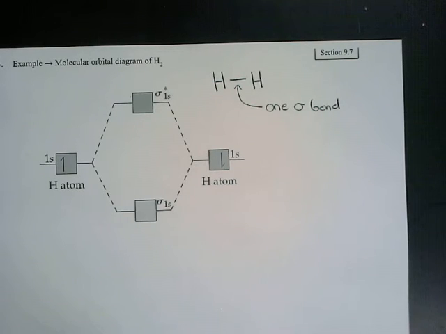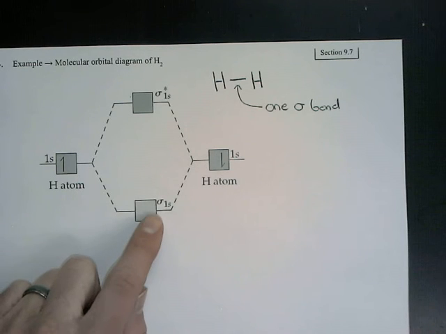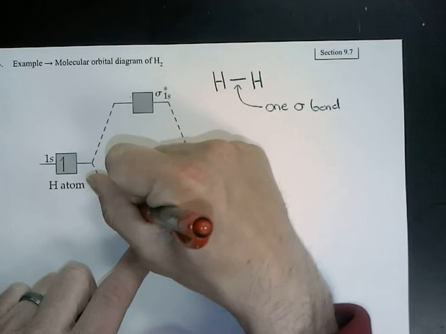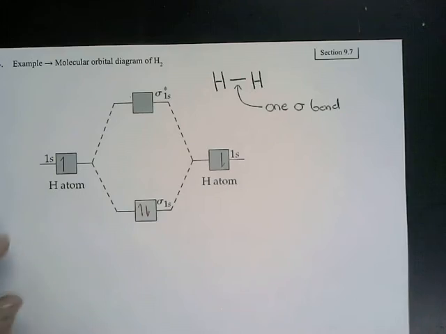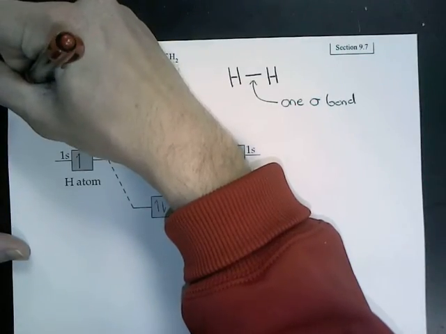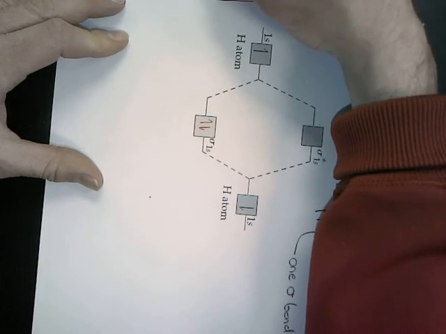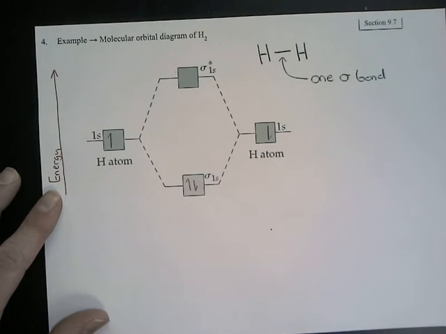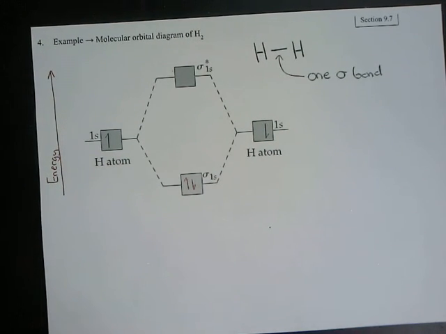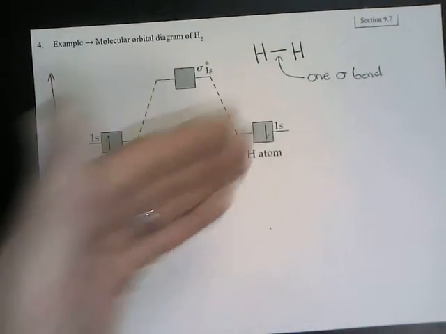When our two H's come together and share those electrons, they are only going to share that one s orbital. And so when they come together, they are more stable, and they show that through less energy. And if you want to add this, it's probably pretty effective: the energy increases on this chart as you go up. So this is showing a couple things. One, the hydrogen molecule is more stable because it's lower in energy than each of your H atoms.